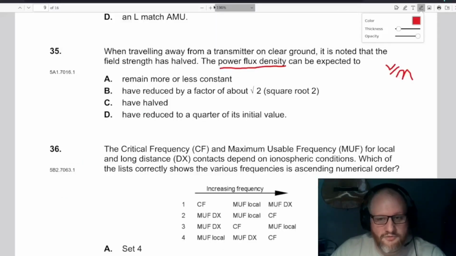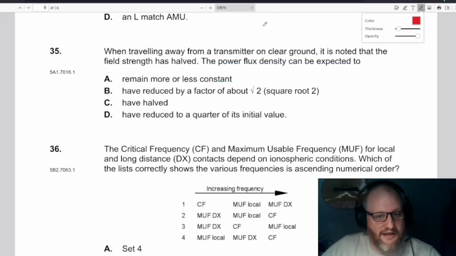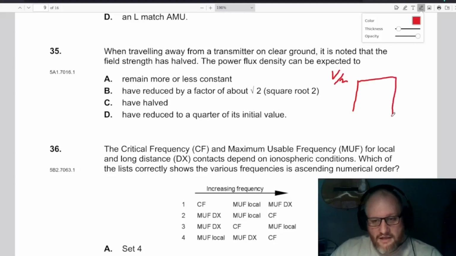Now the relationship between these two numbers can be rather complex, but we can simplify it a little bit. We can think of the field strength as being like the side of a square, volts per meter, whereas the power flux density is in fact a square meter, watts per meter squared, and they have a similar relationship as the side of a square and the area of a square.